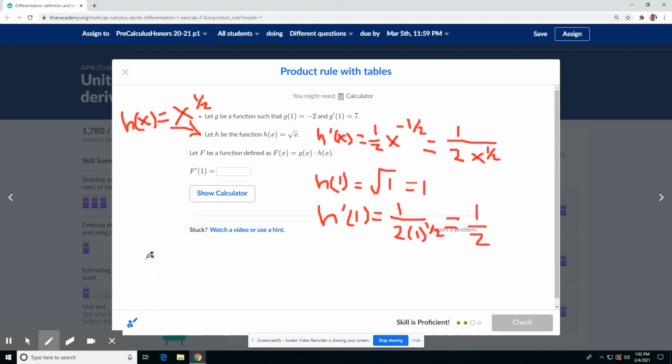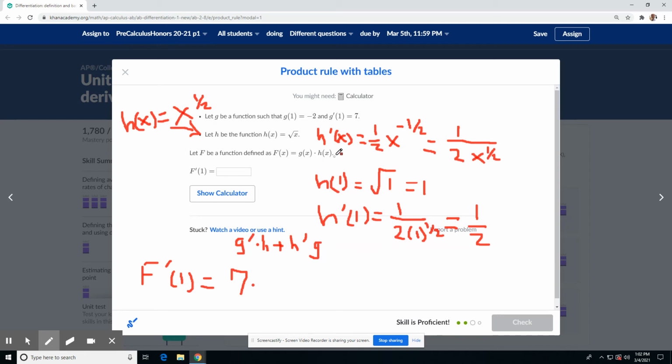Now, our f prime of 1 is going to be, in this case, the first derivative times the second plus the second derivative times the first. G prime at 1 is 7 times h at 1.